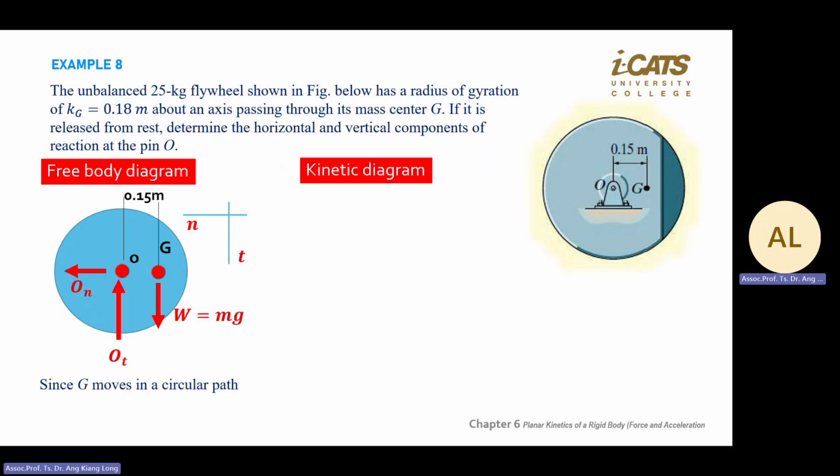Unbalanced, because your weight is here. You let go of this wheel, you generate moment. It will push this one down. So you're going to rotate clockwise. Your omega is going inside the screen.